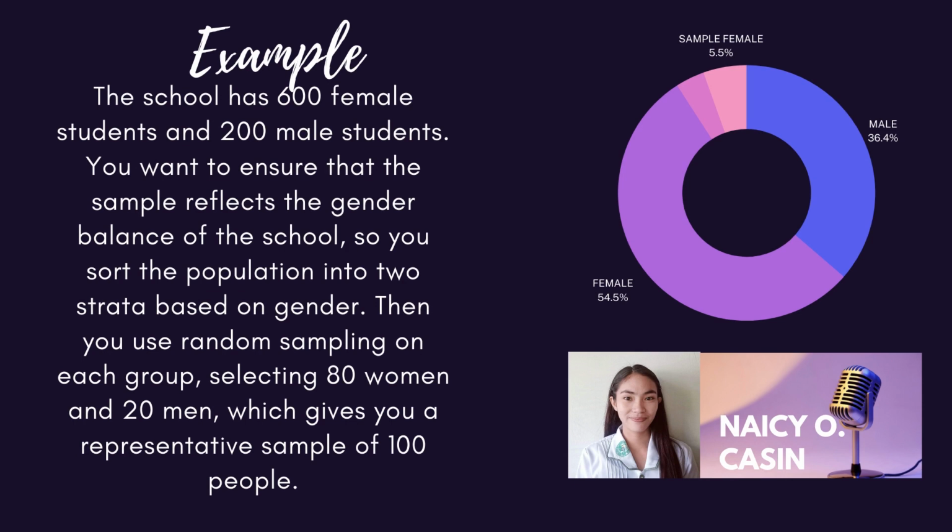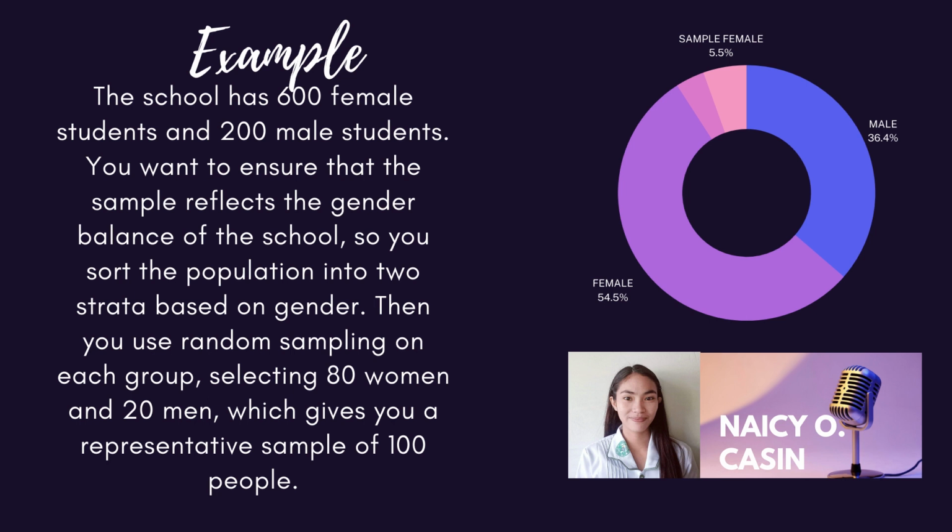You want to ensure that the sample reflects the gender balance of the school. So you sort the population into two strata based on gender. Then you use random sampling on each group, selecting 80 women and 20 men, which gives you a representative sample of 100 people.